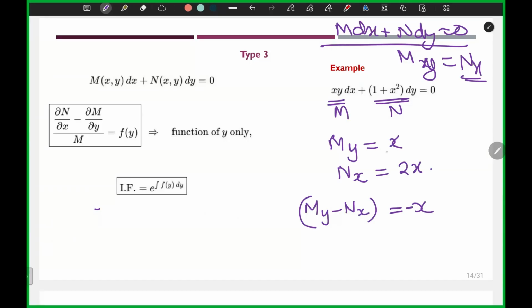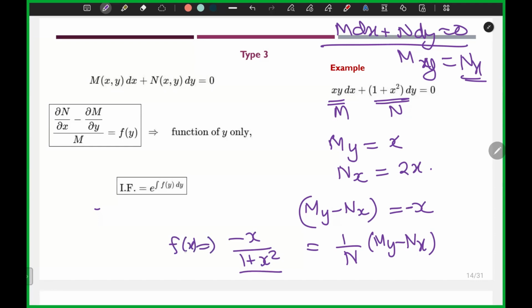If I divide it by 1 plus x square, that is 1 upon N (My minus Nx), it is nothing but minus x upon 1 plus x square. So this is a function of x. So the integrating factor in this case is e to the power integral of minus x upon 1 plus x square dx.